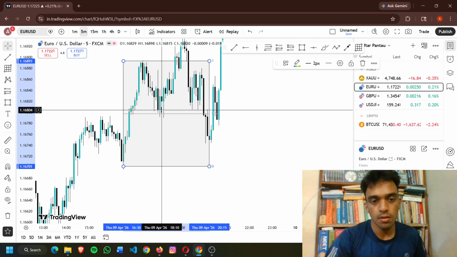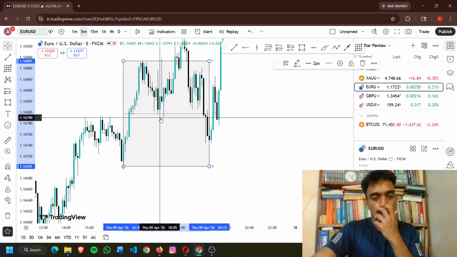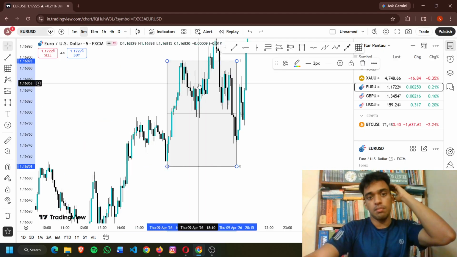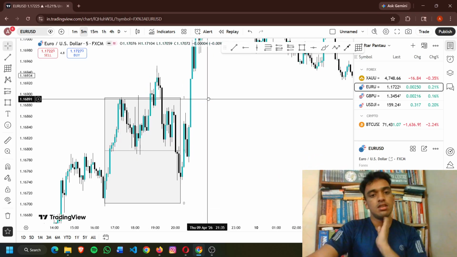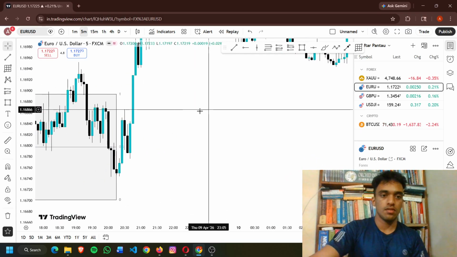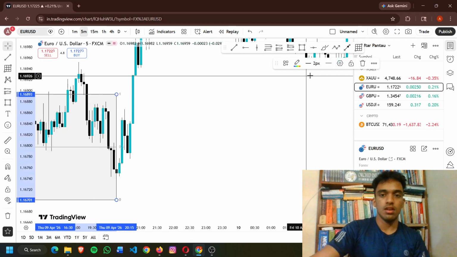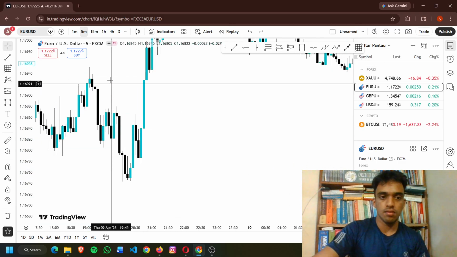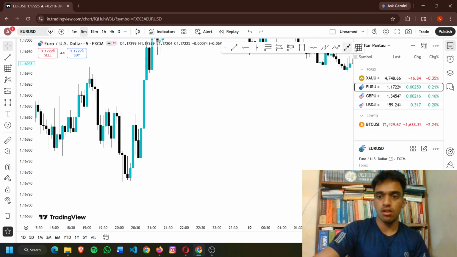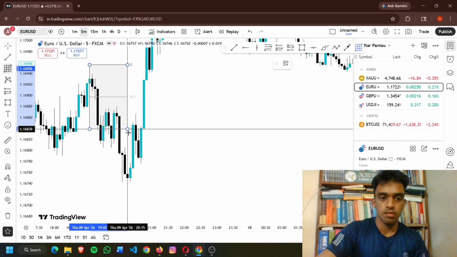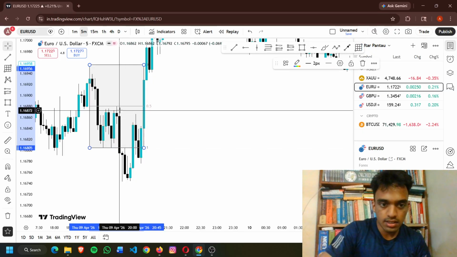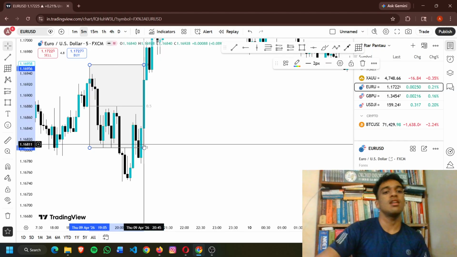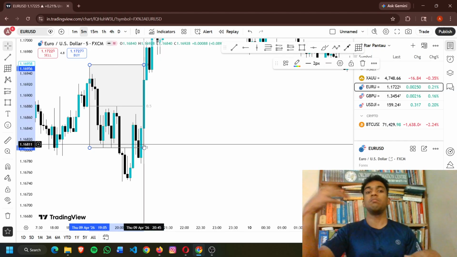It just tapped inside and then moved up. See how it moves. And over here, this is also an example, guys. Did it? It just tapped in the equilibrium. Still, it will either tap or be above.